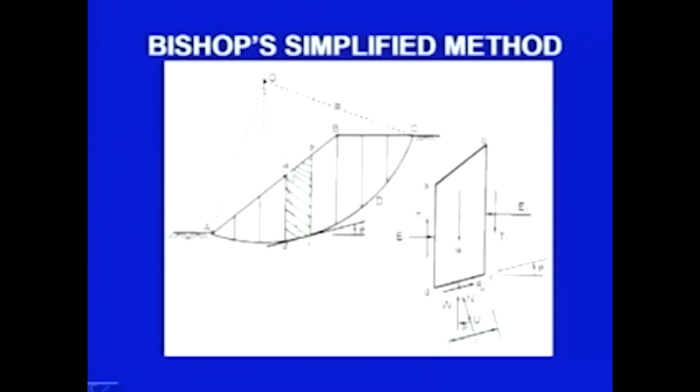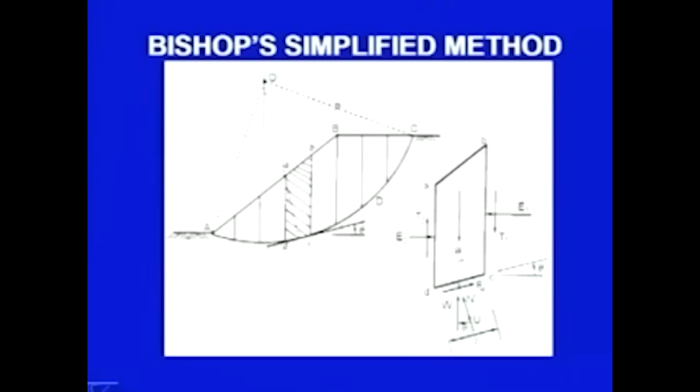This is the line joining the point O with the midpoint here at the sliding surface. The inclination of the base is theta degrees, and this slice is shown here. Now, you can see in this case we are taking the side forces also.